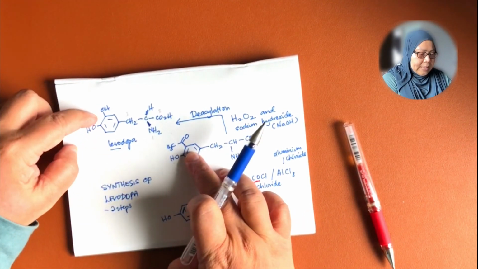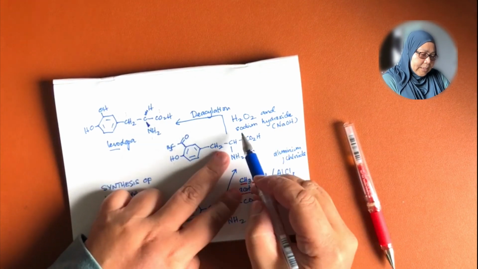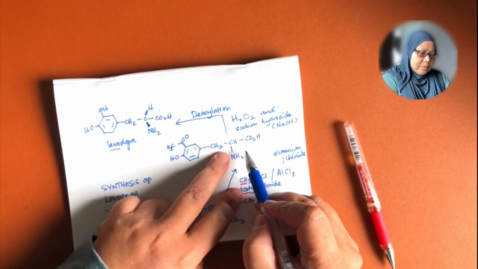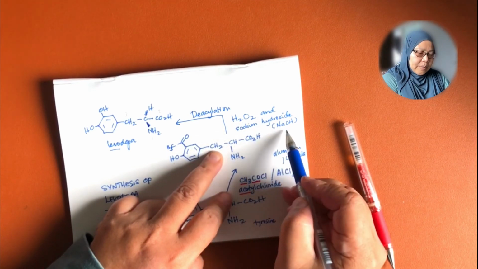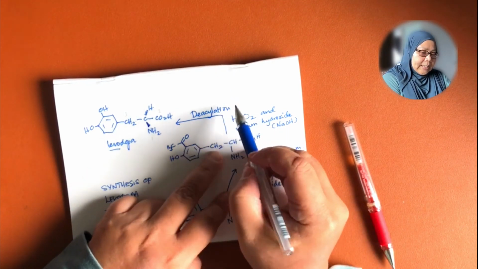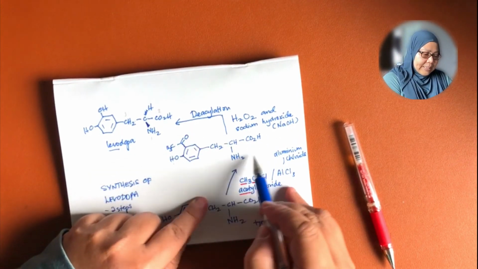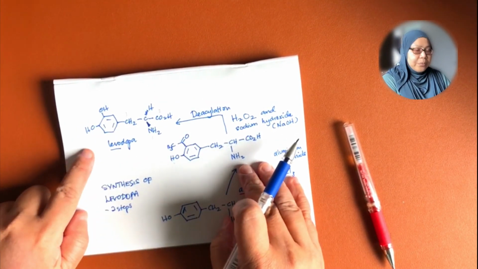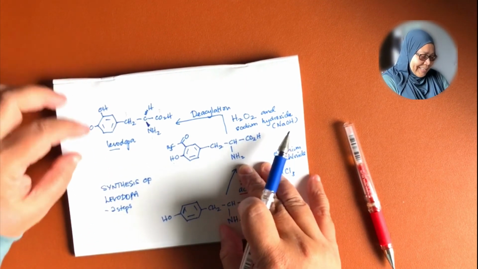What we want at the end is the OH group, the aromatic hydroxyl group. So we treat this molecule with hydrogen peroxide and sodium hydroxide, NaOH, and that will deacetylate this molecule into our desired compound.